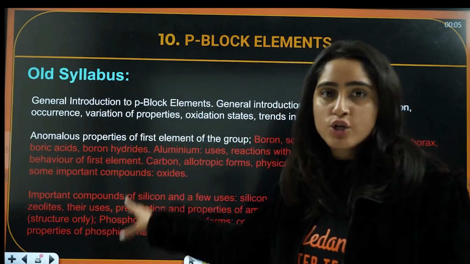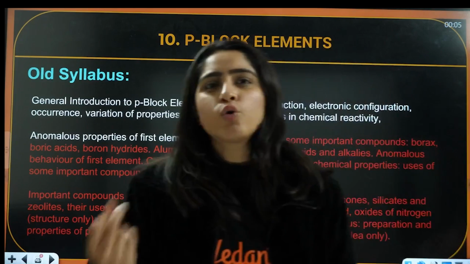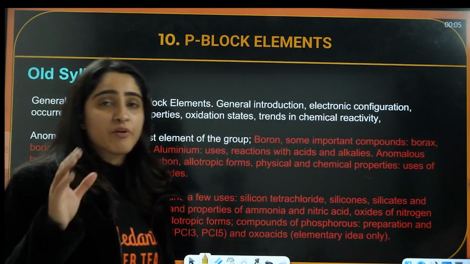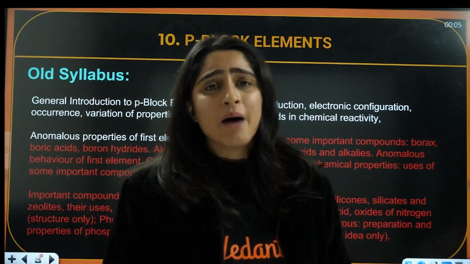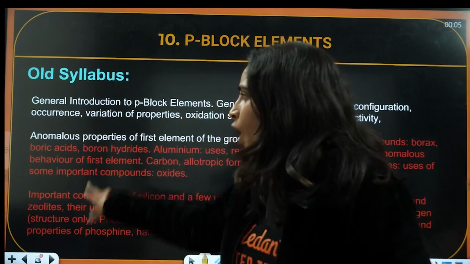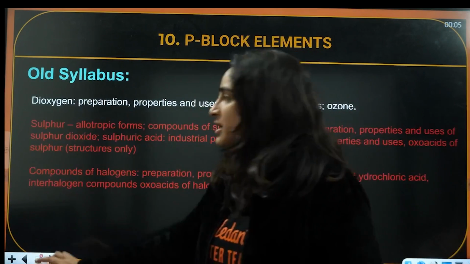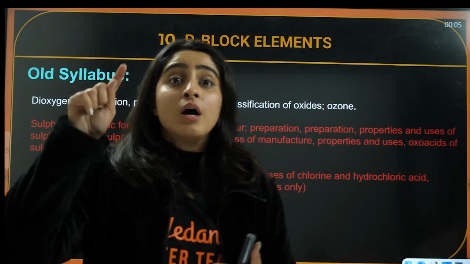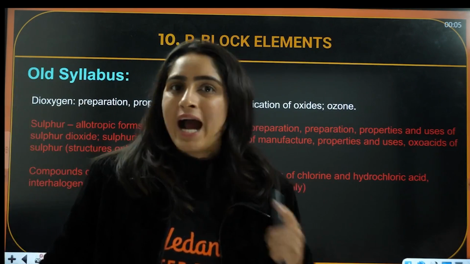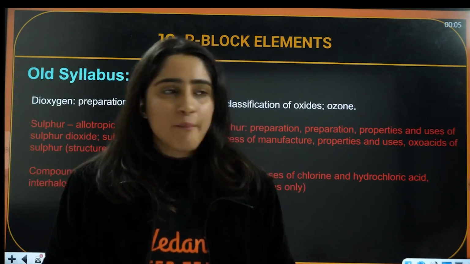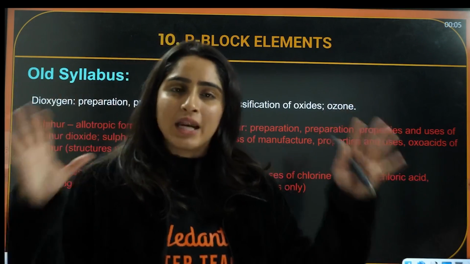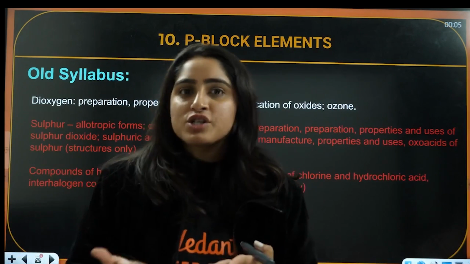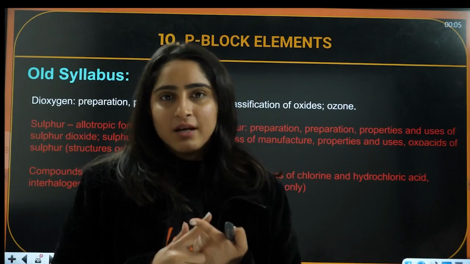So you have to do the structure of all these compounds, and you need to go through a quick revision on all these things. A quick revision of all these compounds before the exam is a must. This is my advice to you, because I want you to score 720. I don't want you to risk your exam because of these things, because this is the very major part of inorganic chemistry, and the division of inorganic, organic and physical is same.